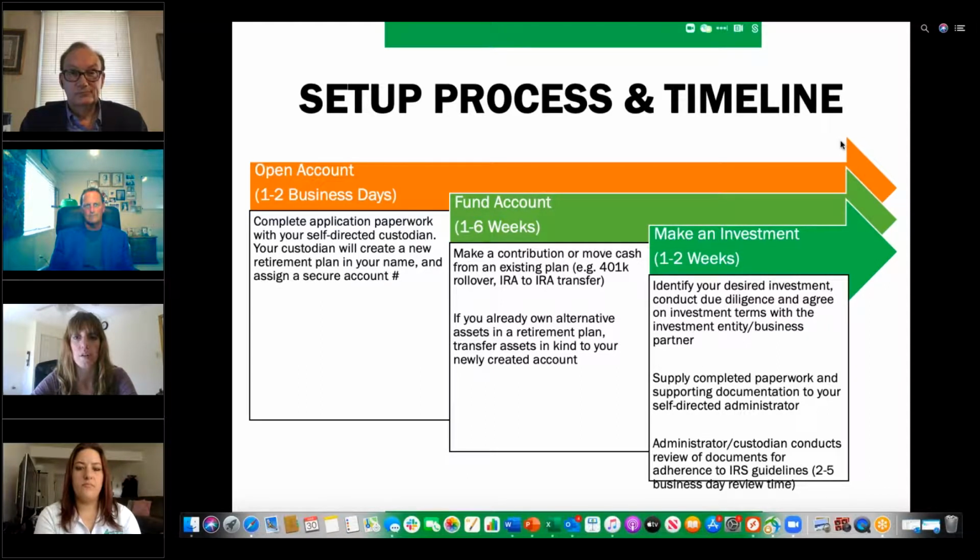Funding the account can be done, as I mentioned earlier, by making a contribution, or transferring some funds from another IRA that will not hold alternatives, or rolling over from an old employer plan, like a 401k, for example, into that self-directed IRA. Those are all options, but the time frame widely varies depending on the other institutions' processing times and their requirements for clearing the funds out of their custody. But that is a process that we work through hand in hand with our investors.